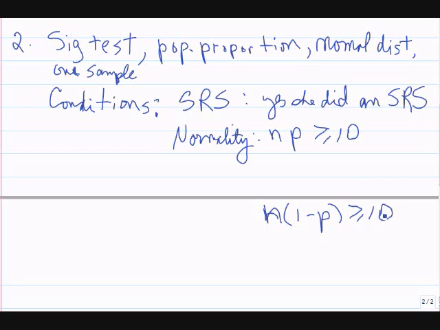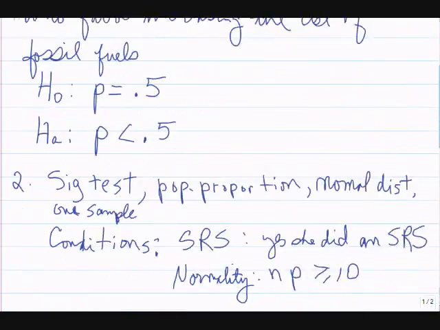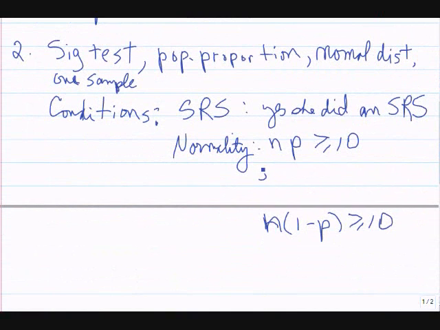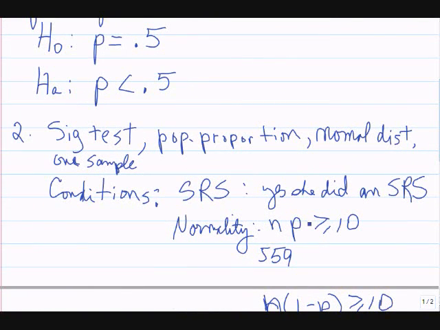This is where it's getting a little bit different than the confidence interval. Our n is 559 people. And the p that I'm going to use for this check is not the sample proportion. It is the population proportion that we have hypothesized. So the p that I use is 0.5, which is different than what we did with the confidence interval.